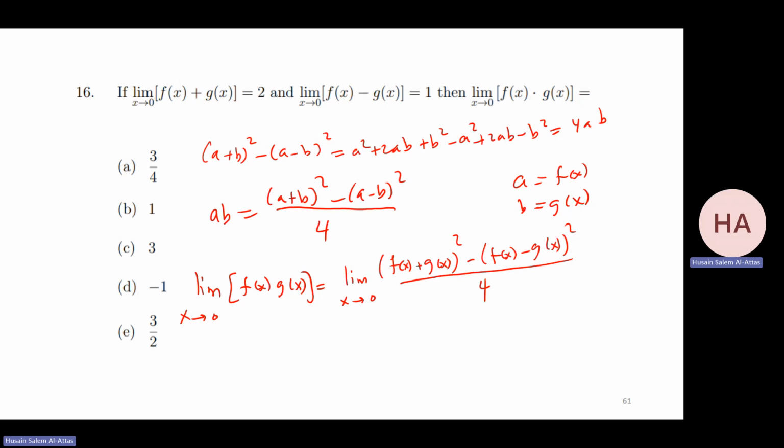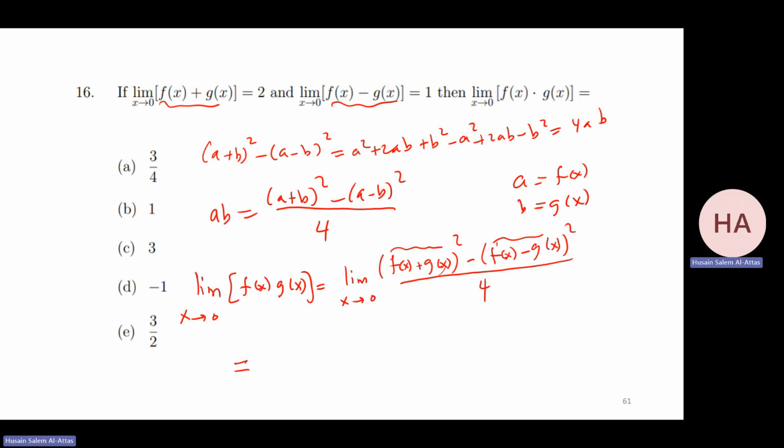So now, this limit exists, the sum exists, also the difference exists. So the square for sure exists. And also we can distribute the limit.